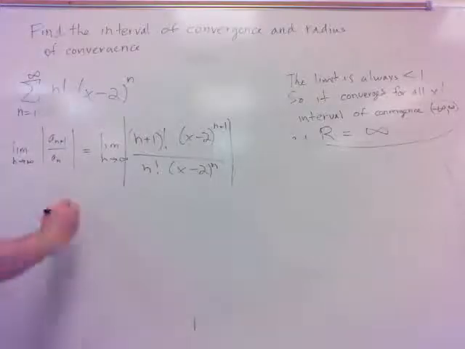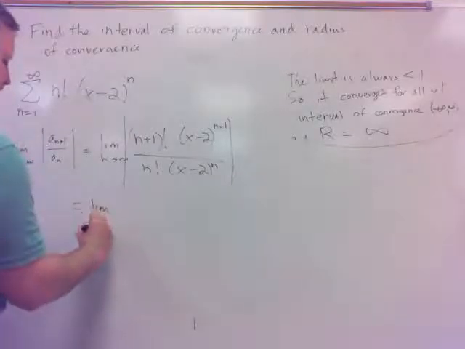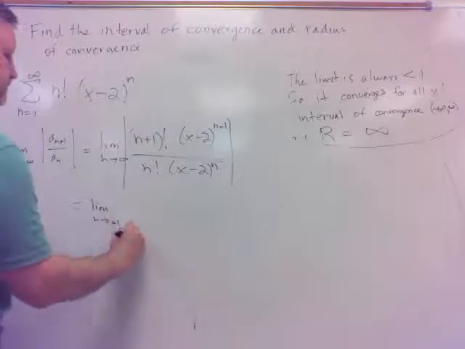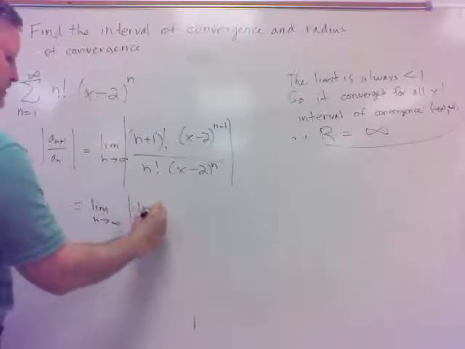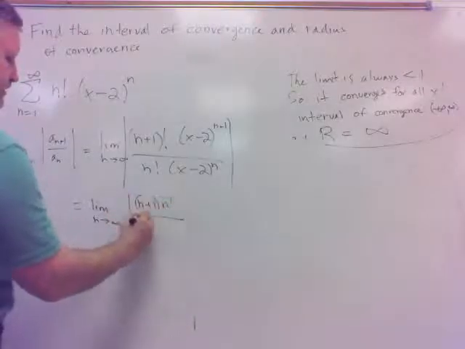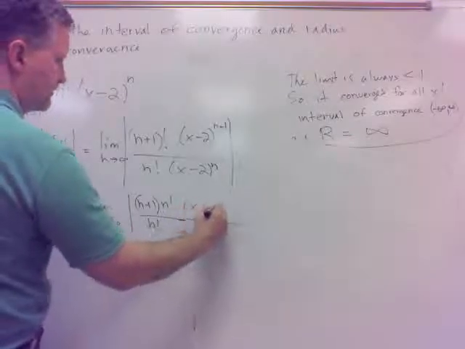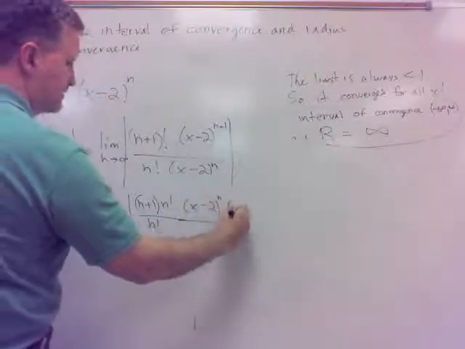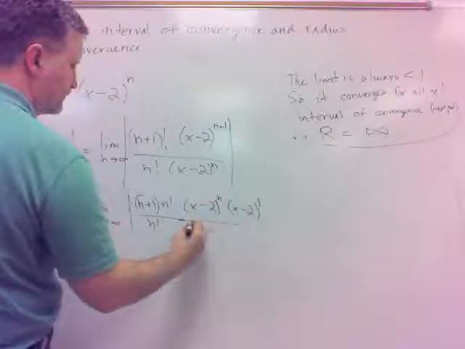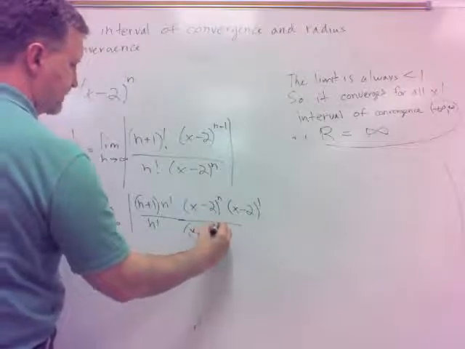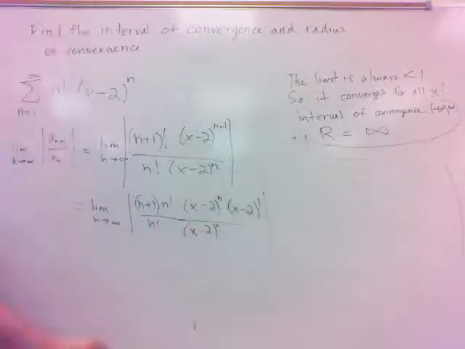We'll do our same tricks here. n plus 1 factorial is n plus 1 times n factorial. (x minus 2) to the n plus 1 is (x minus 2) to the n times (x minus 2) to the 1. Some nice things cancel.